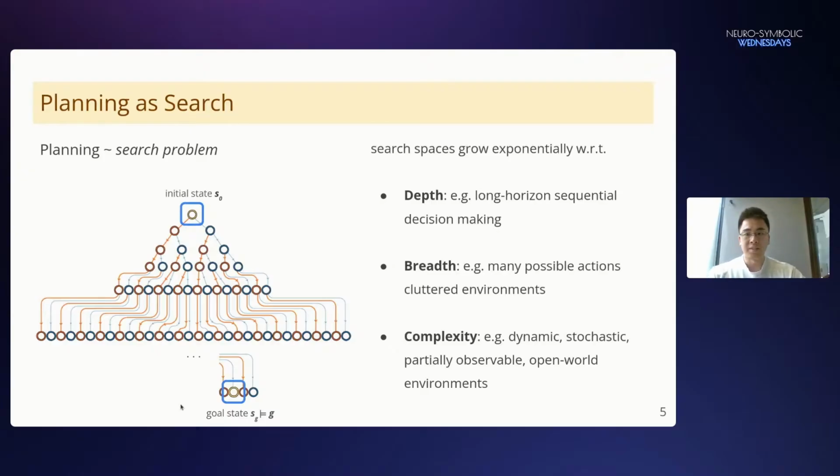We can also increase the search space by increasing breadth, which may arise from being able to apply many possible actions in a state. This may come from cluttered environments or many objects that you can manipulate. You may also have more complex search spaces, for example dynamic or stochastic environments, partially observable environments where you need to reason over belief states, and also open world environments.